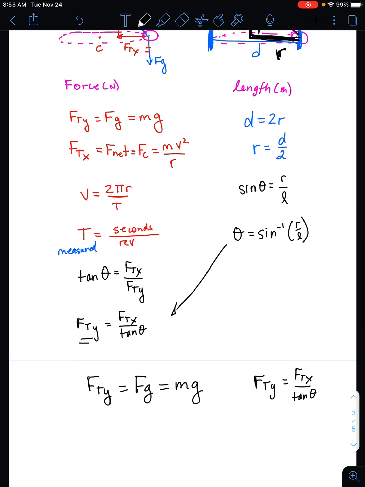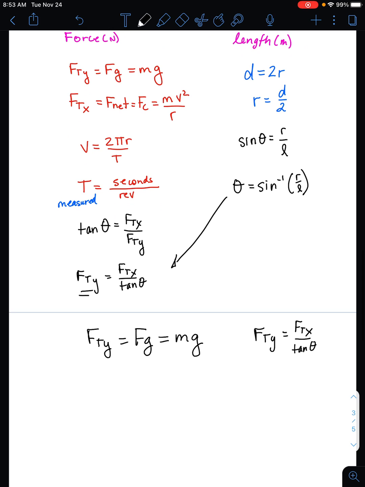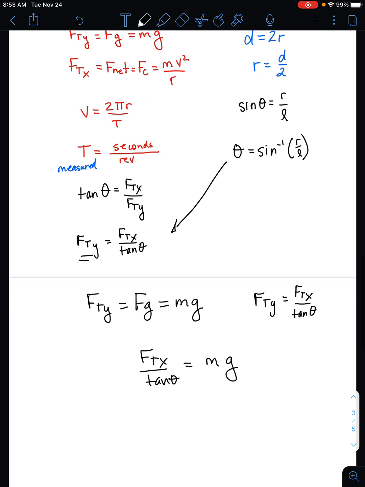That means FTX over the tangent of theta, one way of saying FTY, is equal to M times G, another way of saying FTY. And so now we're going to solve for G.